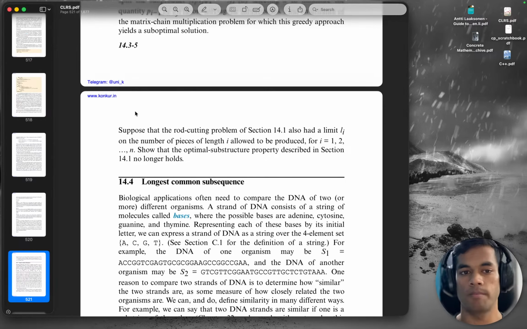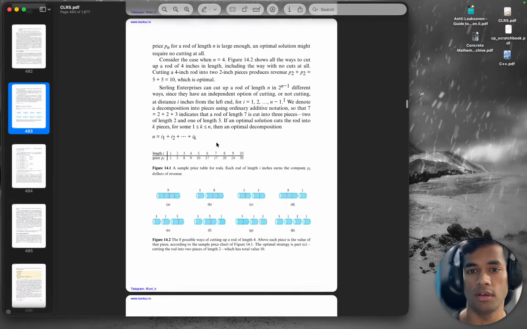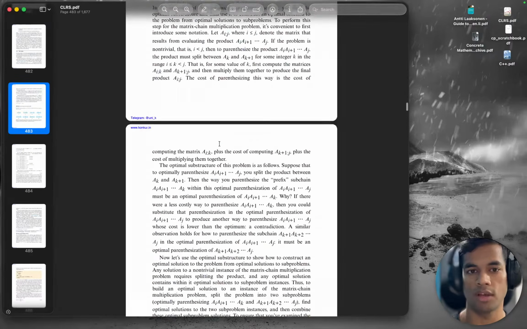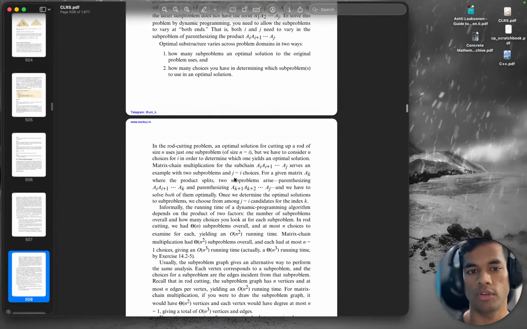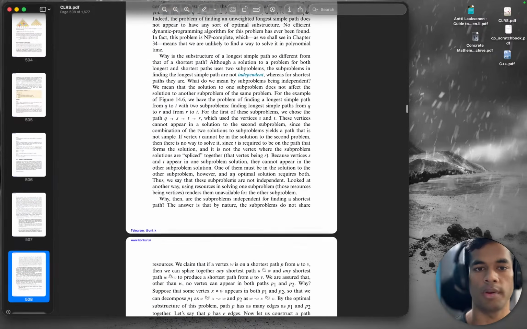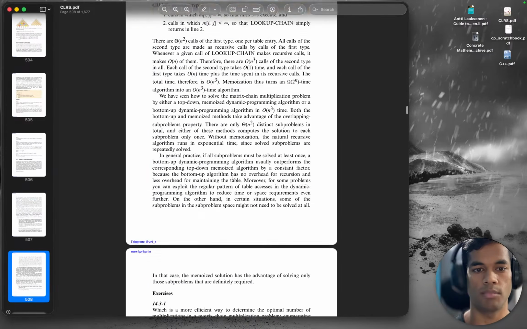Because if you choose a piece of length i on one side a particular number of times, then that has an effect on how many pieces of the same size you can choose on the right side. So the optimal substructure is gone now. It is broken.